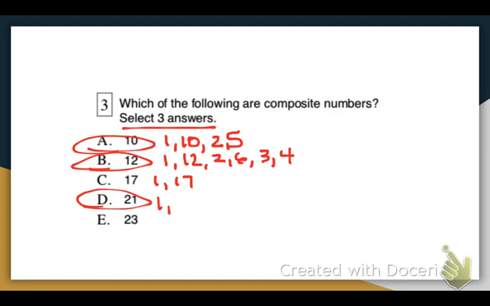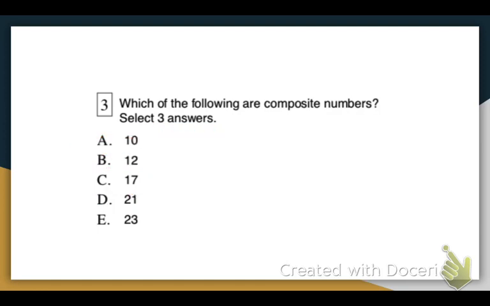D, we can do 1 times 21, and 3 times 7. So that makes it composite. And E is prime because the only way to get 23 is 1 times 23. So the correct answers are A, B, and D. You have to get all 3 correct. So if you got all 3 correct, yes, you got it correct. If you got any less than that, then no, you got it wrong. Circle that on your data sheet.